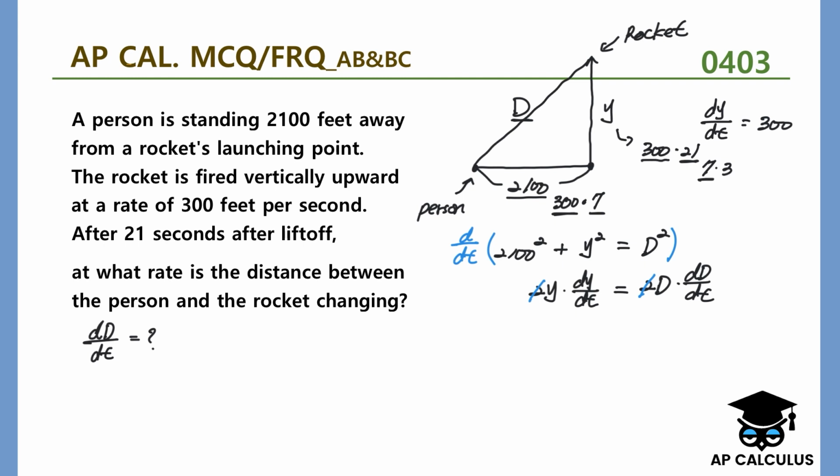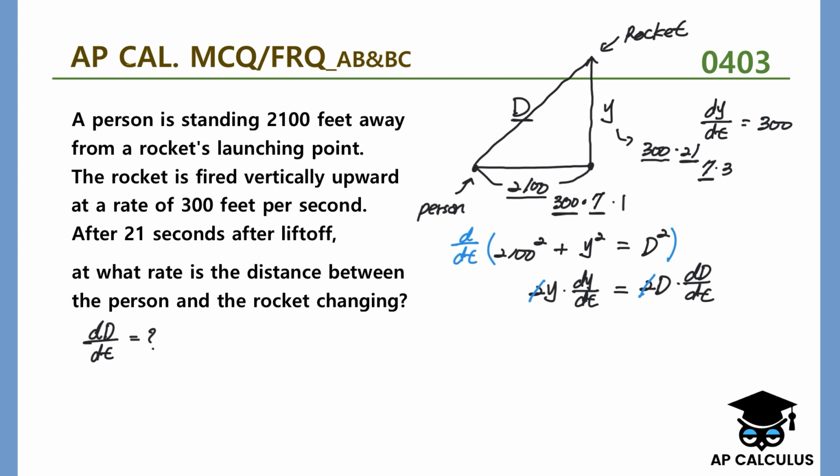Both of these numbers have a factor of 300 times 7. Here we have a 3, here we have 1. So use these two numbers to find the distance d.